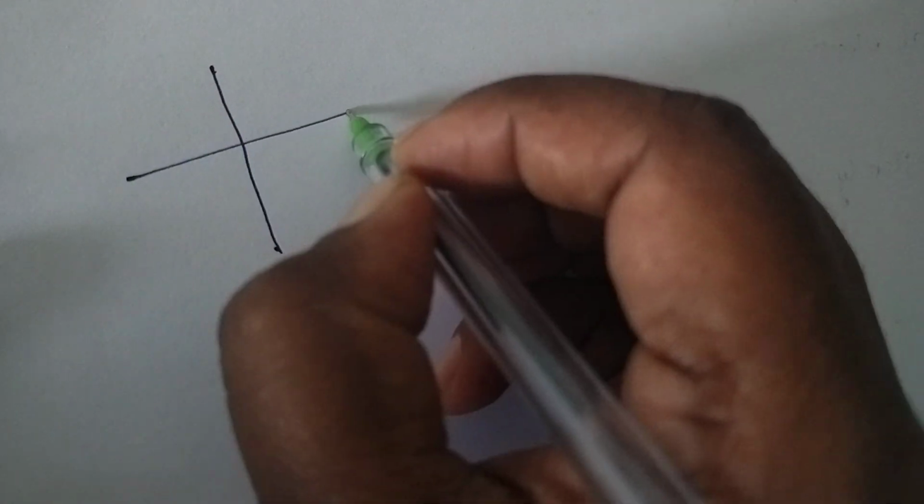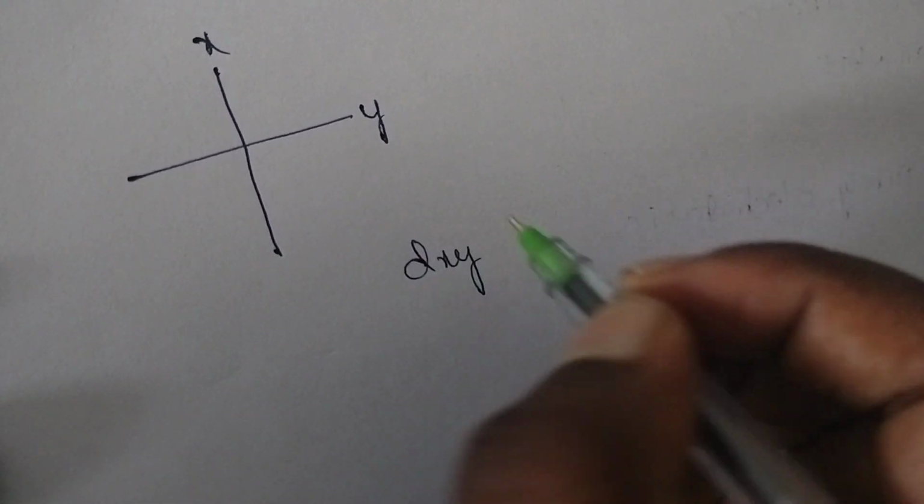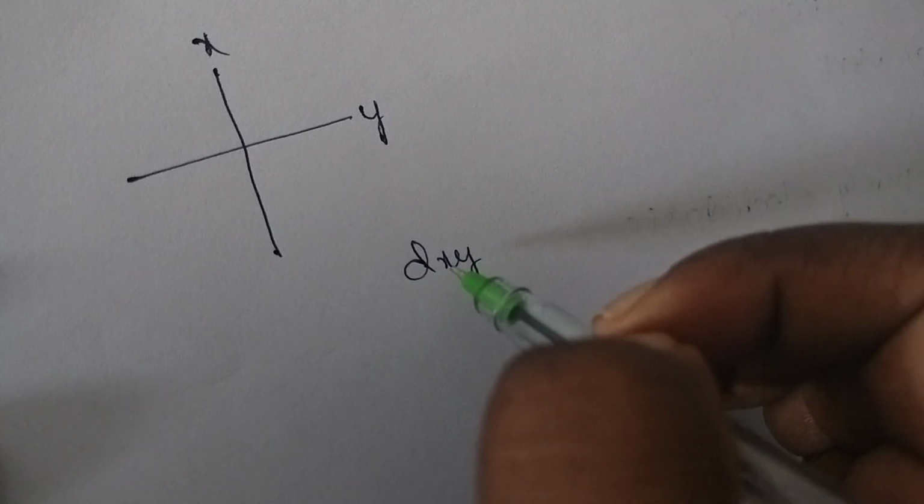If you see the non-axial orbitals, what is the first non-axial orbital? This is the x-axis and this is the y-axis. The orbital is dxy.